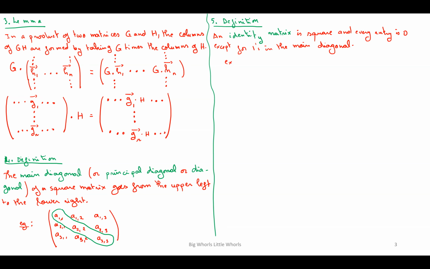So here is an example. Again, I'm missing EX and EG. So this is an example. You have a 3 by 3, 1 0 0. Oh, let me give you a formal representation.